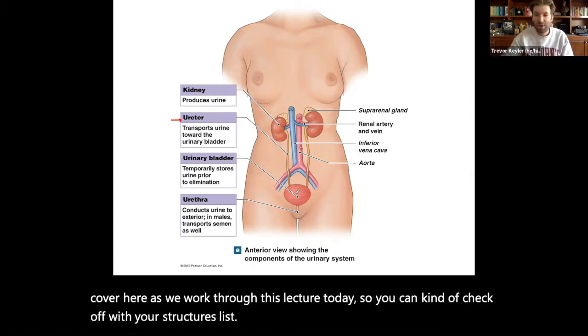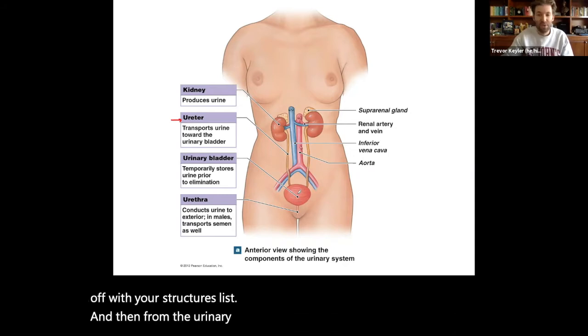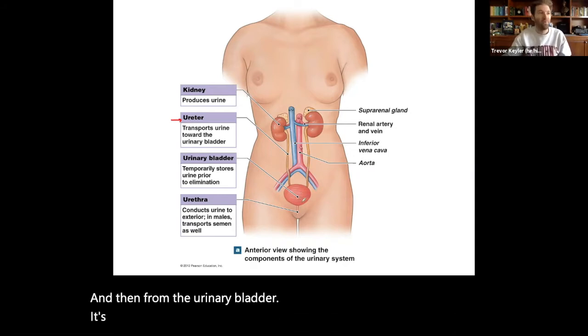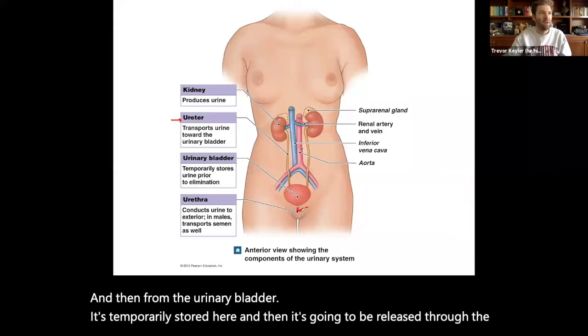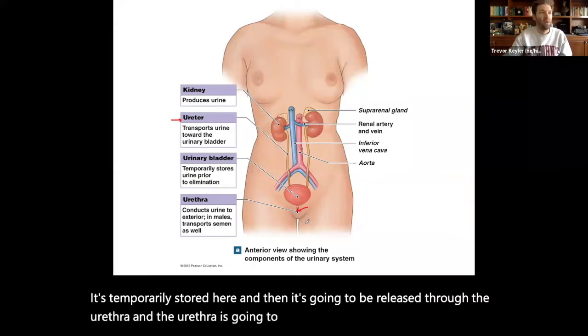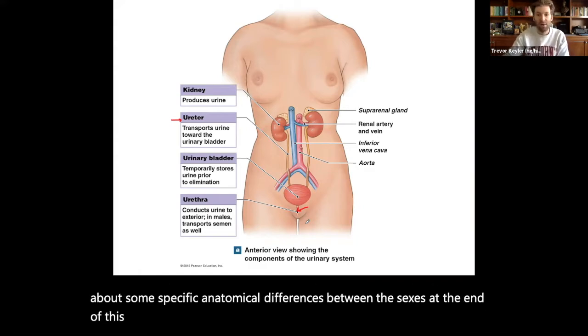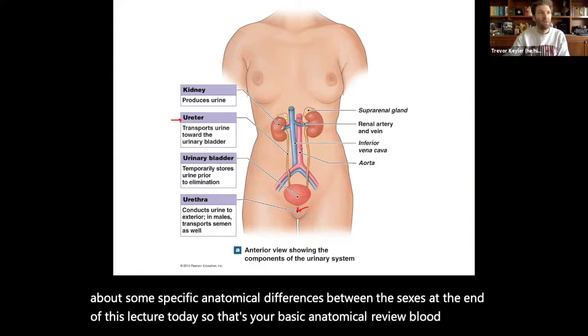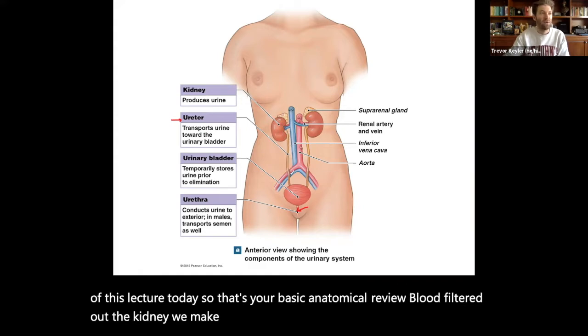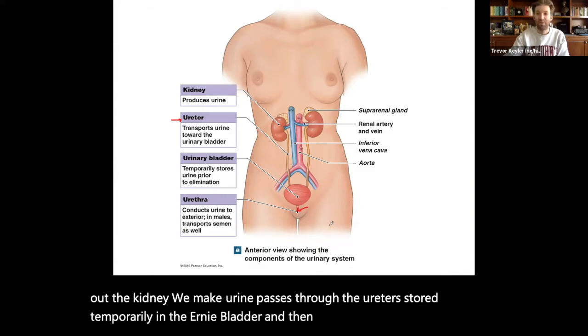From the urinary bladder, it's temporarily stored, and then it's going to be released through the urethra. The urethra is going to be quite a bit longer in males. We'll talk about some specific anatomical differences between the sexes at the end of this lecture today. So that's your basic anatomical overview. Blood is filtered at the kidney. We make urine, it passes through the ureters, is stored temporarily in the urinary bladder, and then passes through the urethra when we expel.